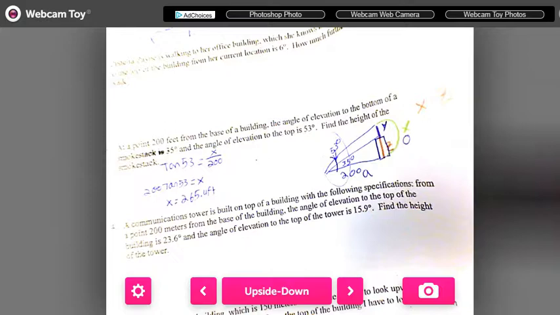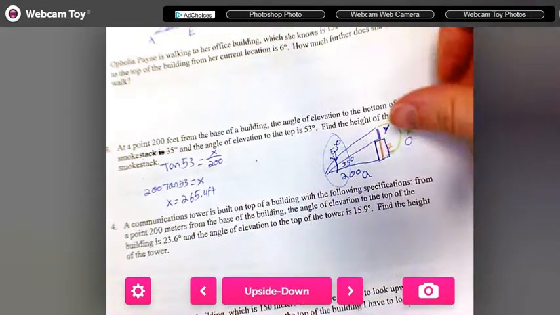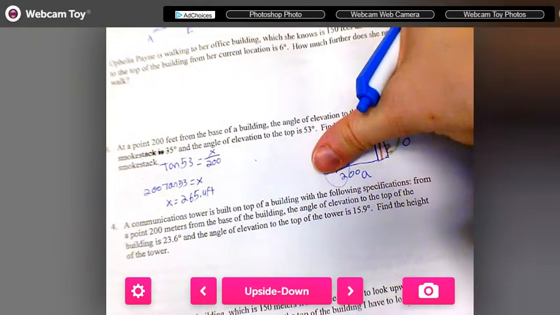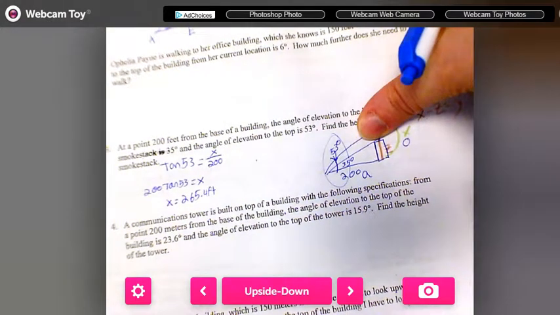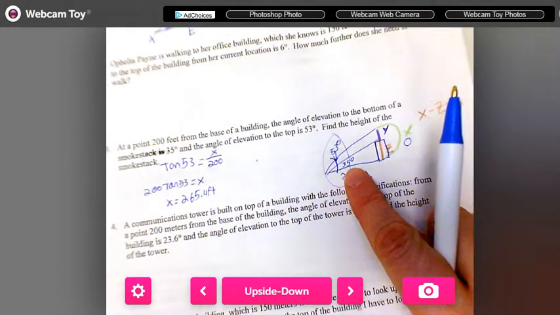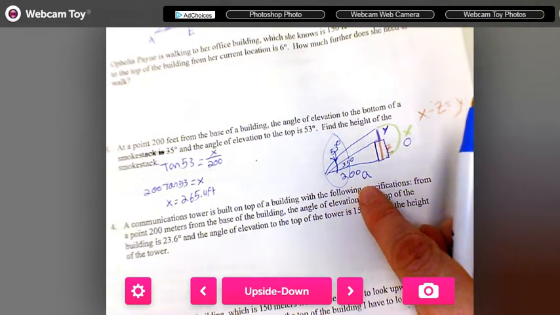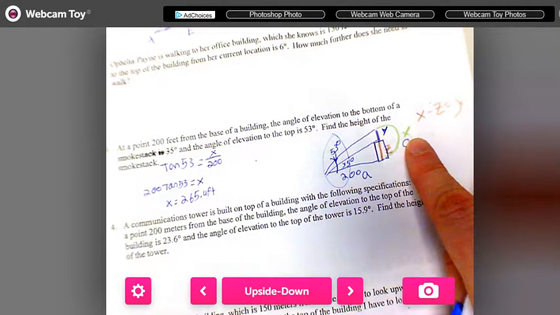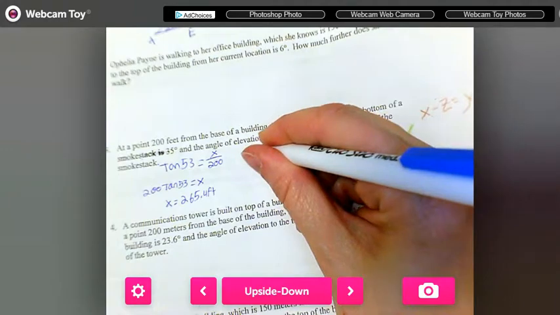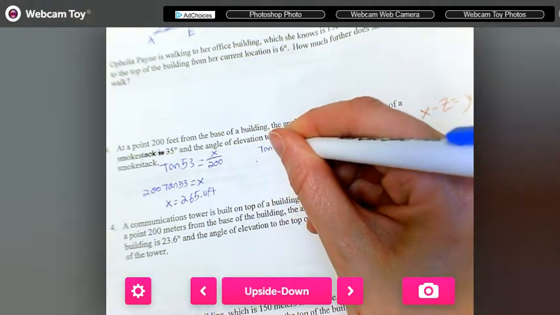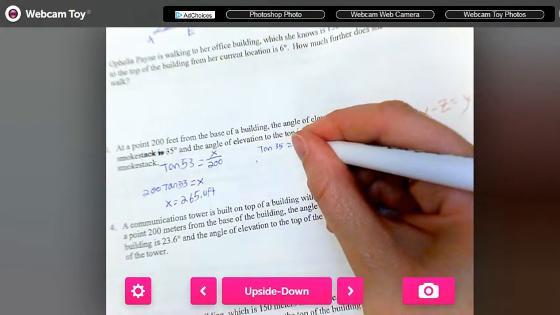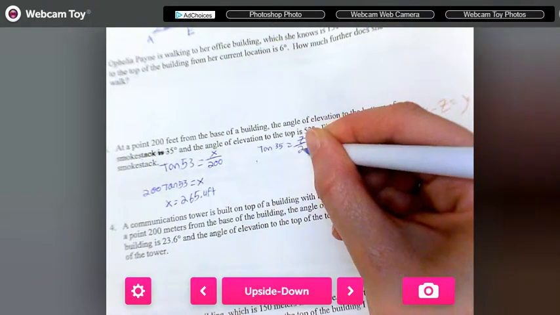Okay. Now I need to find just the building. So I'm not going to use 53 degrees this time. I'm going to use 35. Did anything else change? Is this still the adjacent and the opposite? Okay. So still tan of 35, I'm going to say of z, though, equals z over 200.